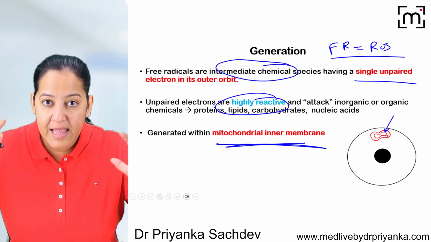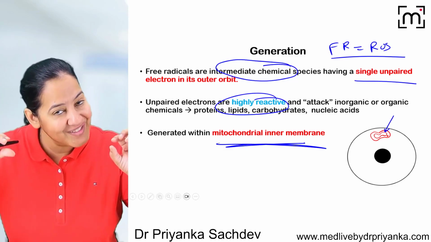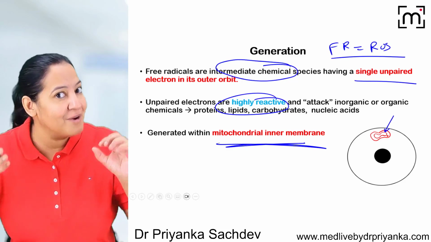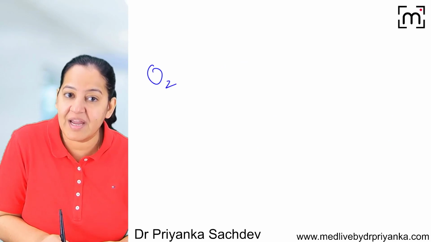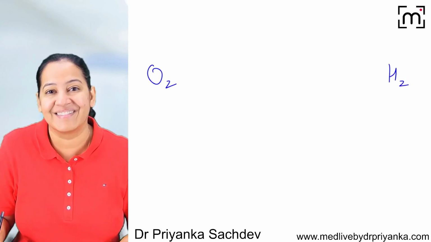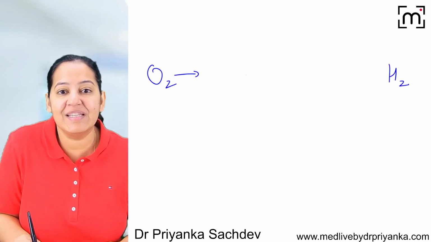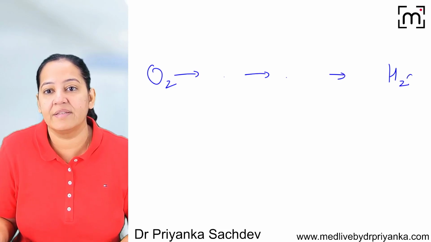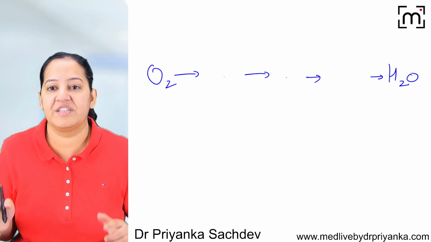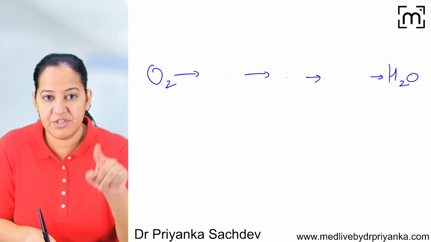So imagine a cell. Imagine the mitochondria of the cell. Imagine the inner membrane of the mitochondria where oxidative phosphorylation is taking place. In oxidative phosphorylation, the oxygen gets converted to water. But here the 3 intermediates are formed. You have to tell me the names of the 3 intermediates.